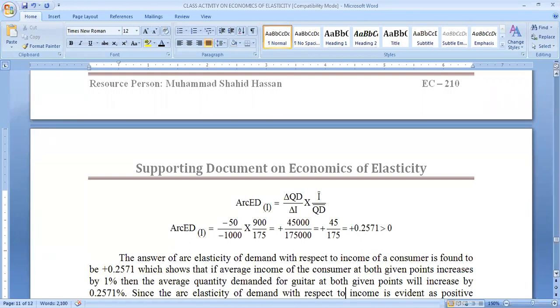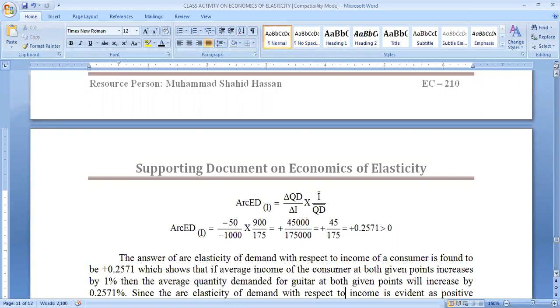So the answer of the arc elasticity of demand with respect to income of a consumer is found to be plus 0.2571, which shows that if average income of the consumer at both given points increases by 1%, then the average quantity demanded for guitar at both given points will increase by 0.2571%.